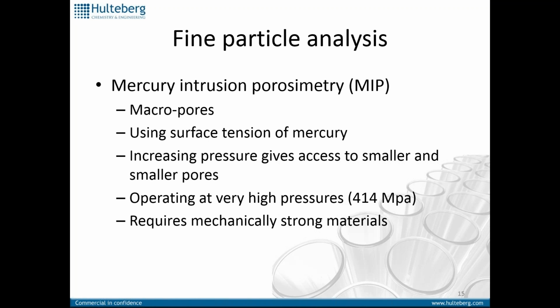It's operating at very high pressures, so 414 megapascal, for instance, 60,000 psi or 4,000 bar, something like that. So we really have to work with mechanically strong materials, so no soft matter, no easily collapsible structures. It's perfectly fine for ceramics, but for natural materials like wood, etc., it's not very practical.